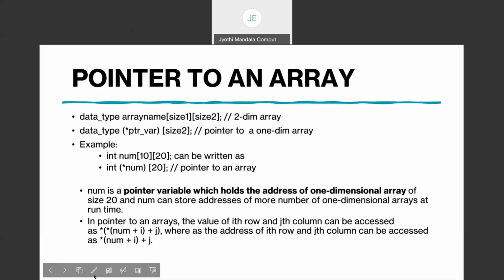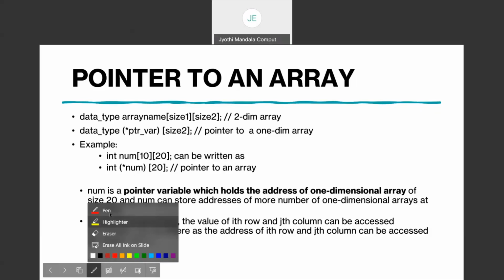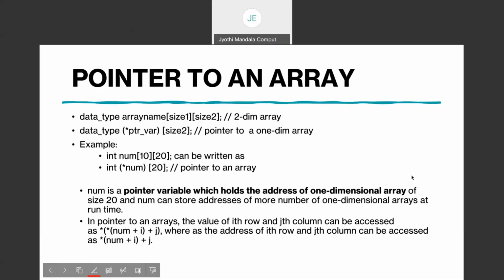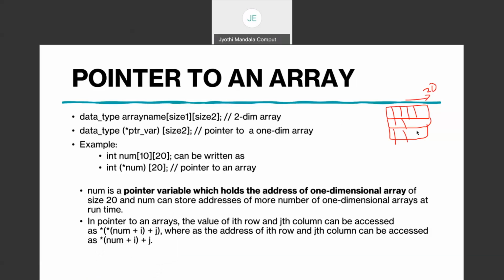I'll tell you. We are trying to create one-dimensional arrays; this is one one-dimensional array, here you will have 20 values. We will also create one more one-dimensional array which also has 20 values, and one more which holds 20 values.